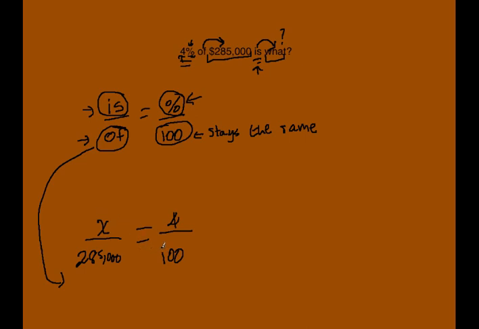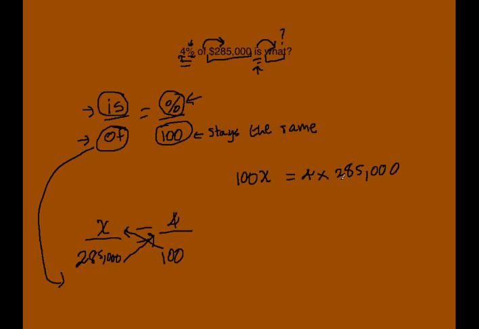Now, if you remember from previous problems when we were talking about proportion, we can cross multiply here. That means you're going to multiply this number with this number and this number with that number. That means you're going to do 100 times x, which is just 100x, equals 4 times 285,000.